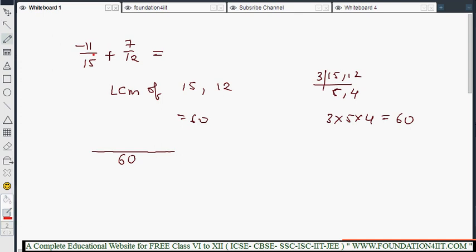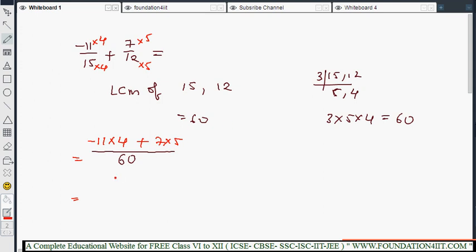For 12, 12 into 5 is 60, so the same 5 we should do for this also. So this is the direct step I am making: minus 11 into 4 plus 7 into 5. Instead of taking one more extra step, we can do it directly.